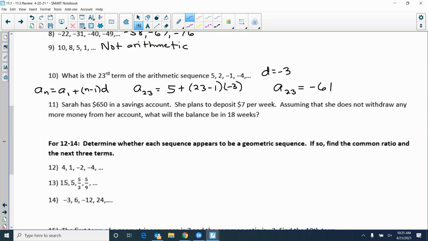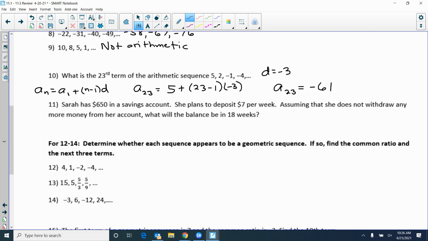Now, a lot of times, if you look at 11, some people get confused because it doesn't tell you what it is. It doesn't give you a sequence. But if you think about it, she has 650 in her savings account. She puts $7 in every week, so it is going to increase by $7 every week. Anytime you have a constant increase, that is going to be arithmetic.